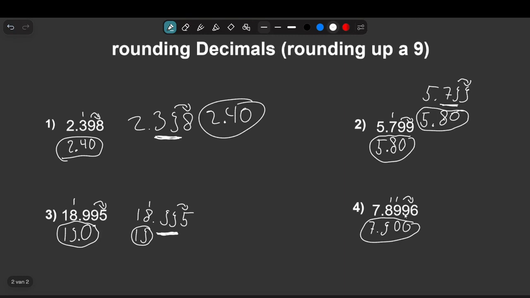We made the 9 a 10, we carried over the 1, made this 9 a 10, we carried over the 1 again, and then we added. So you can also do it like this with a couple of more steps, just to make it a bit more sorted out. But I like to just start with the most left 9, just to skip all of those extra steps.